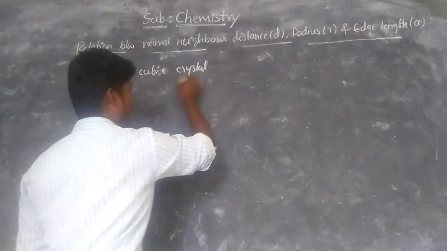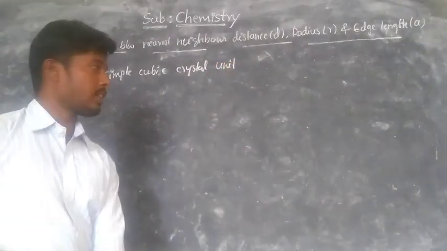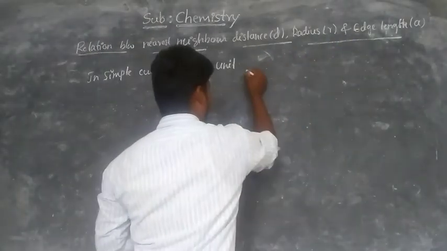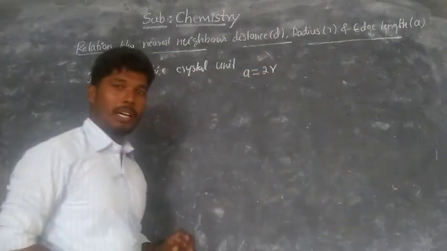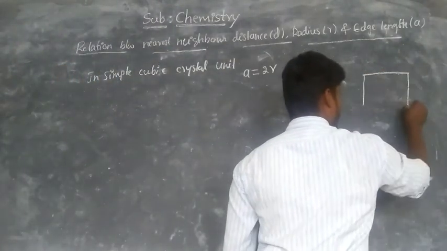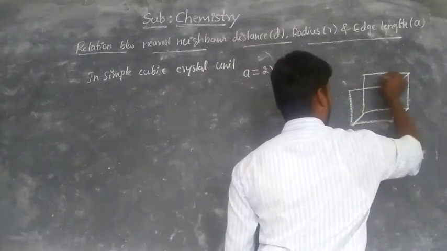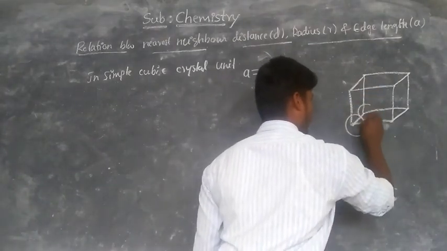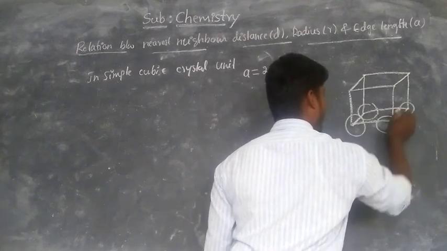In a simple cubic crystal unit, or primitive cubic crystal unit, the edge length a is equal to 2r, because observe, in a simple cubic crystal, at each corner there is an atom. All these touch one another.